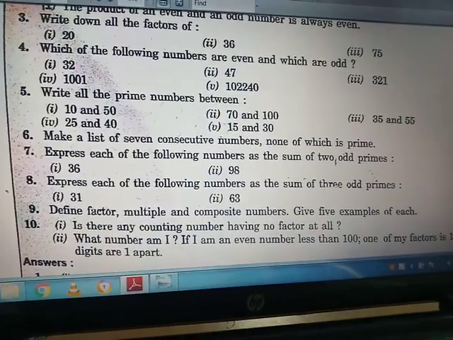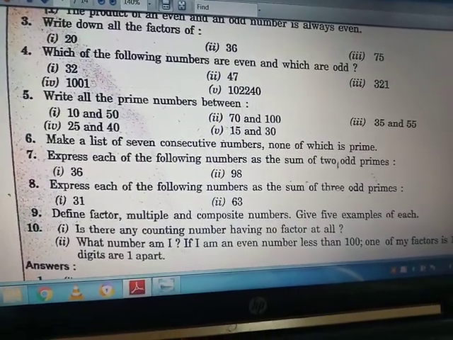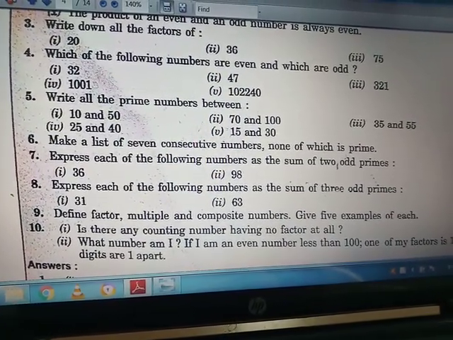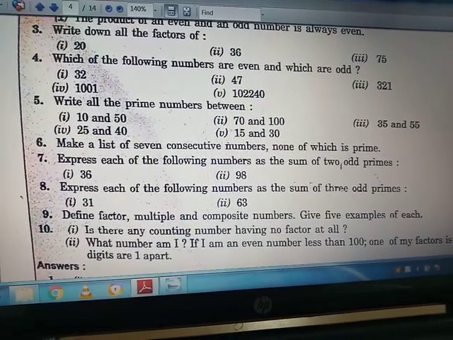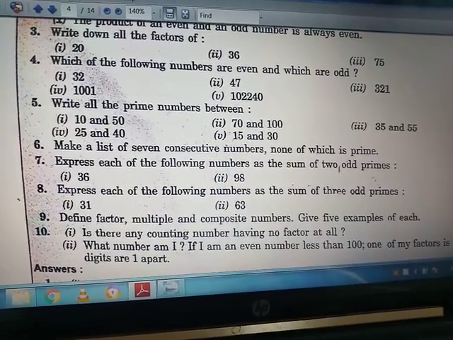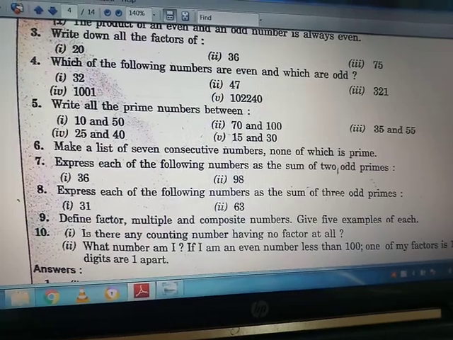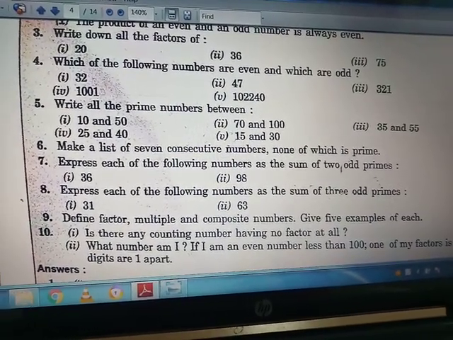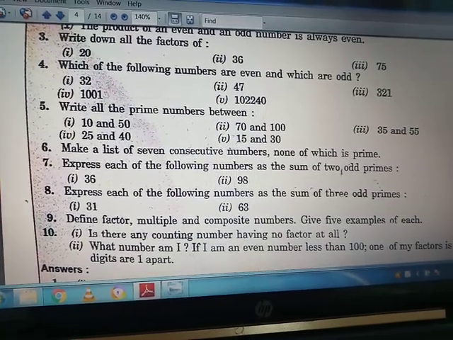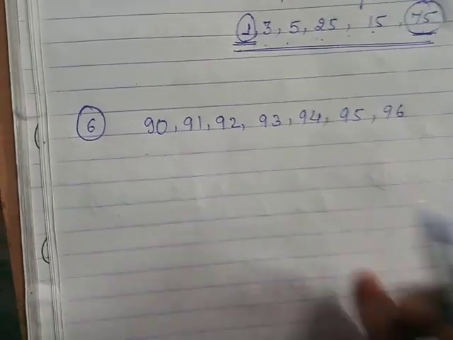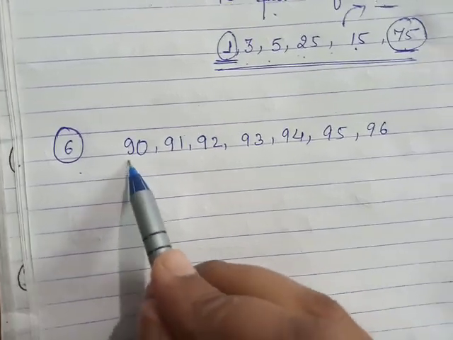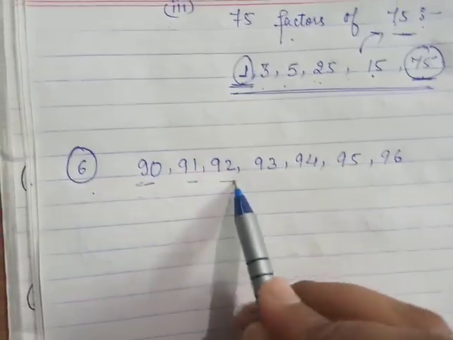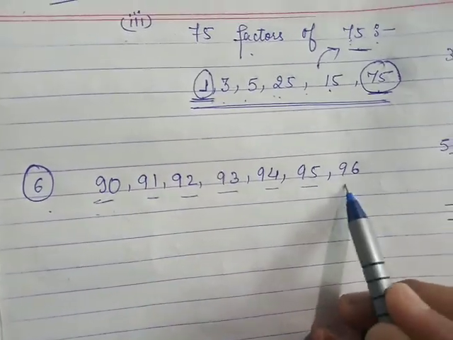Okay, now question number 6, make a list of 7 consecutive numbers, none of which is prime. So you have to make a list of 7 consecutive numbers, meaning 7 numbers in a sequence, in which none is prime. Okay, so the answer of question number 6 will be 90, 91, 92, 93, 94, 95, 96.